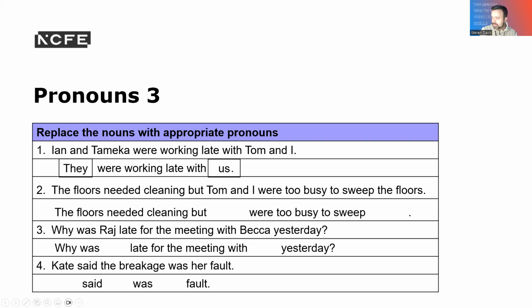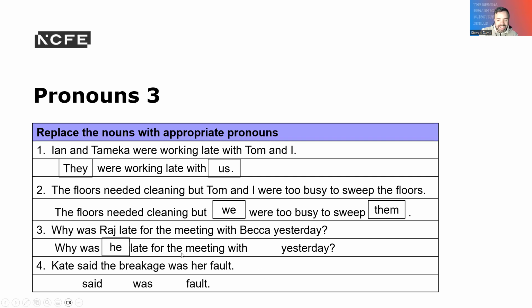Oh, look, with us. Okay. The floors need cleaning, but we were too busy to sweep. Why was Roger late for the meeting with Bianca yesterday? So why was he late for the meeting with maybe with us or her?